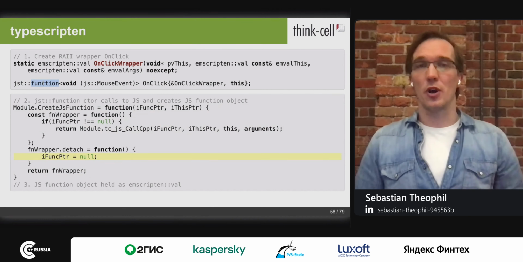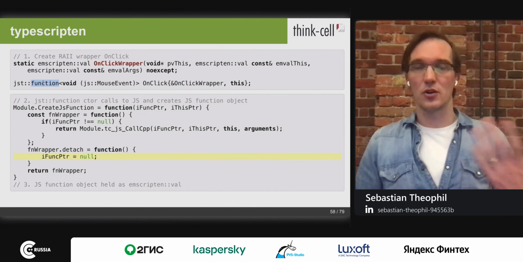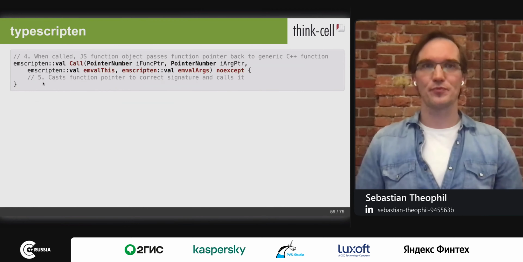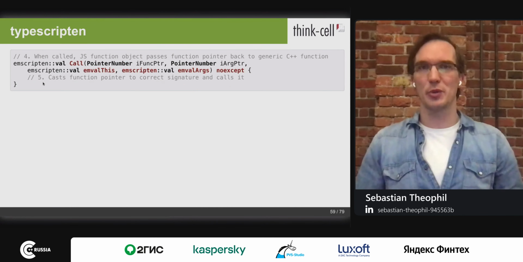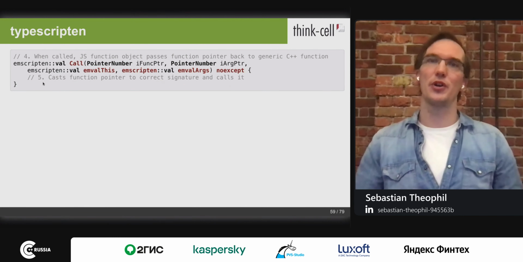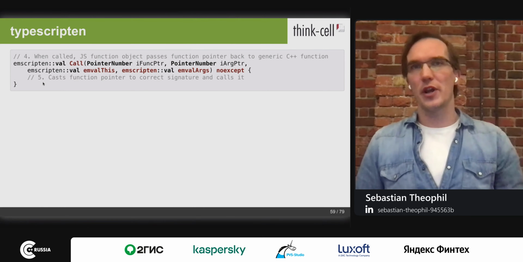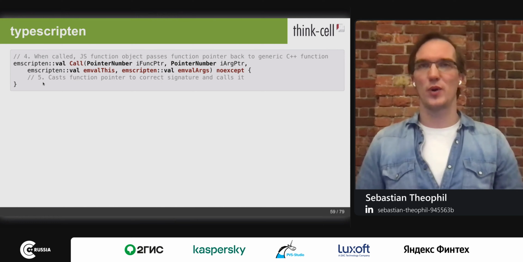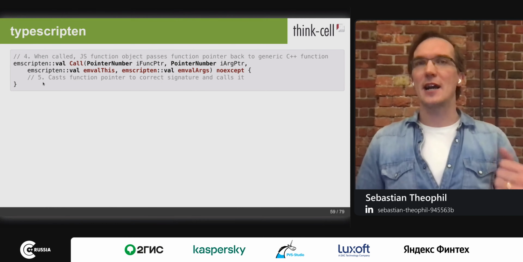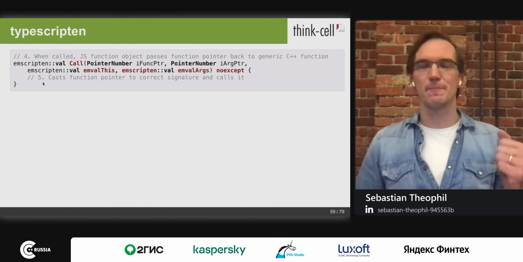So now when the JavaScript object is called, I said it calls back into C++. It calls a generic entry point, passes its function pointer and this pointer back to C++. And this generic C++ entry point has one single task: it can cast the function pointer to the correct signature and call it.